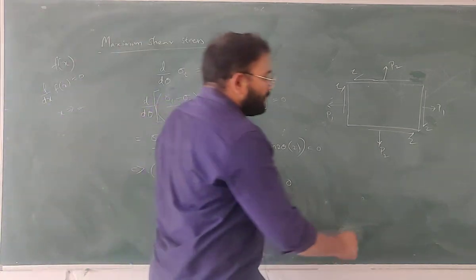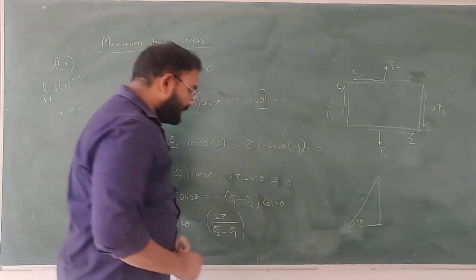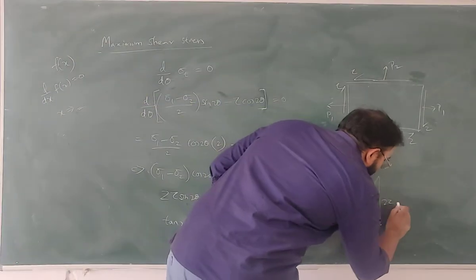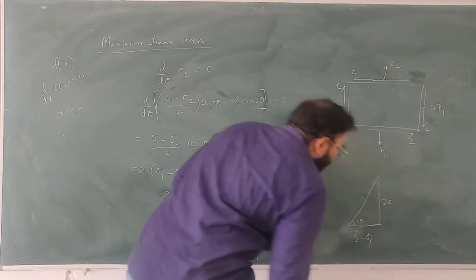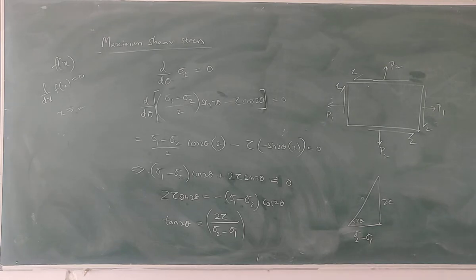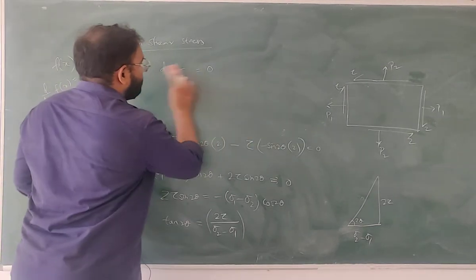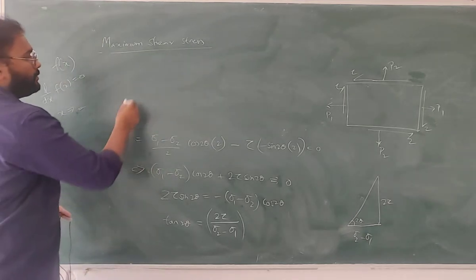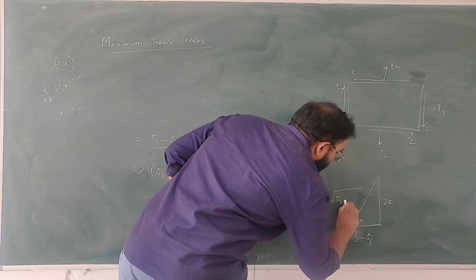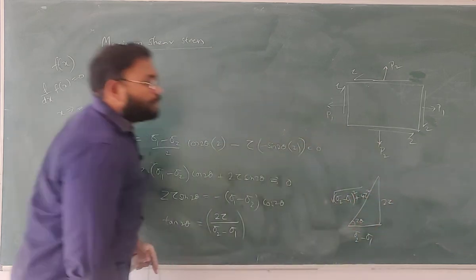Suppose you have a right angle triangle again. This is 2 theta. Tan is opposite by adjacent. Tell me, what is sin 2 theta from this? The hypotenuse will be under root of sigma 2 minus sigma 1 square plus 4 tau square.